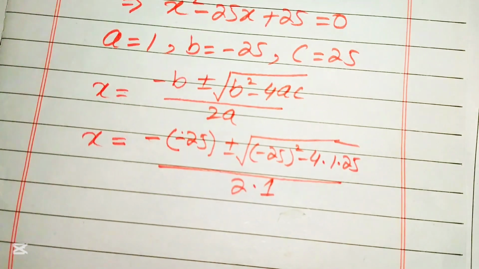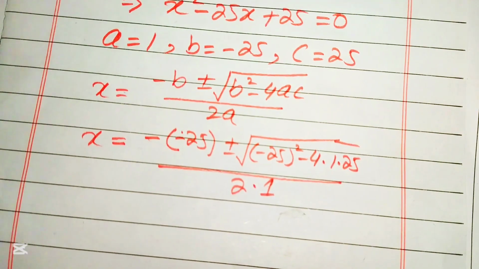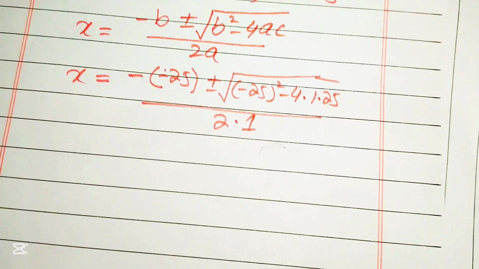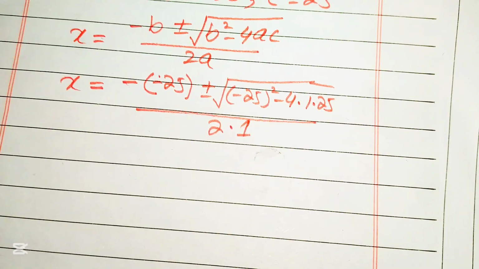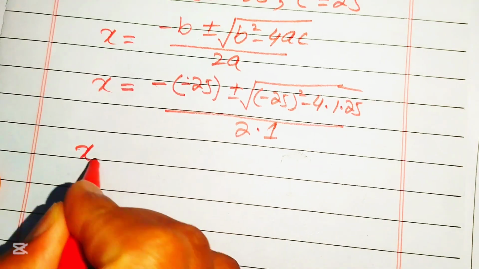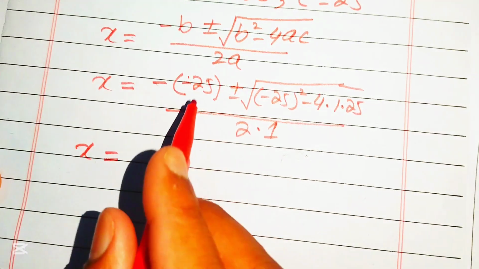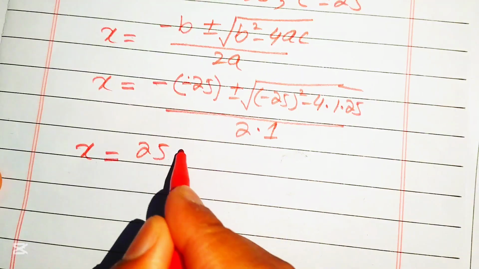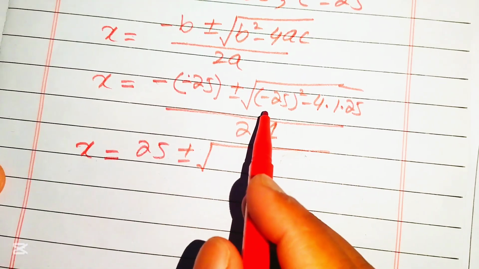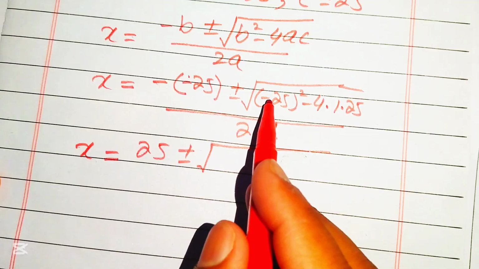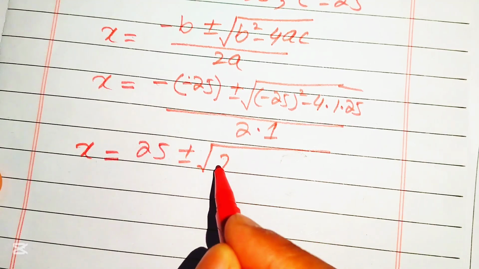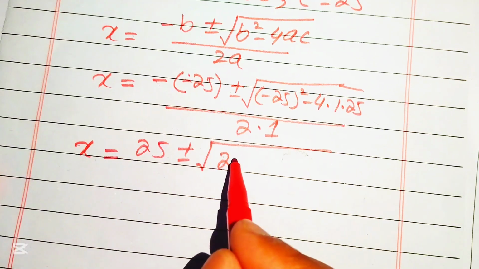Further, in the next step we need more simplifications. In order to simplify the terms, we rewrite this equation as x equals, minus times minus becomes plus 25, and plus minus square root of, here we know that the square of a minus term becomes positive, so we write it as 25 squared.